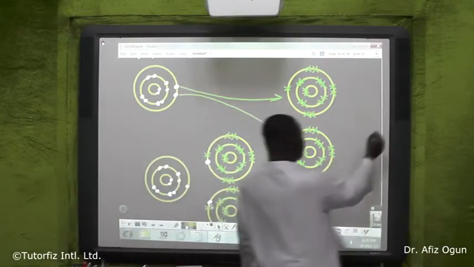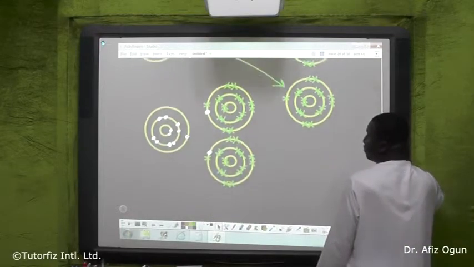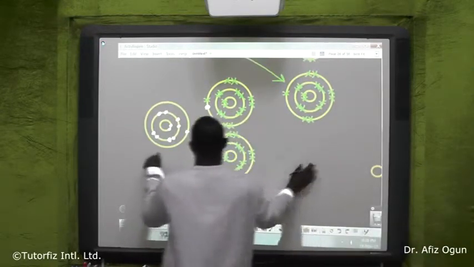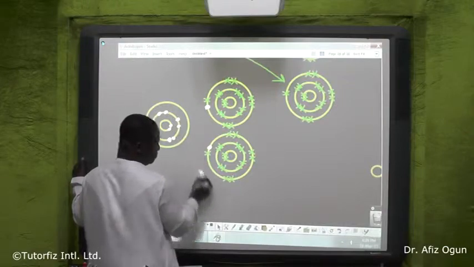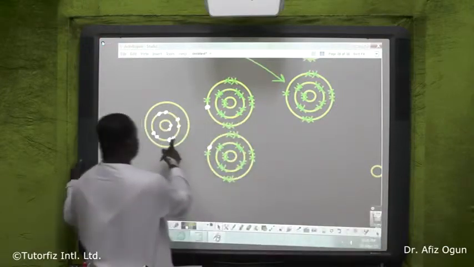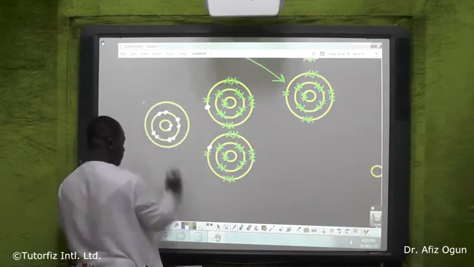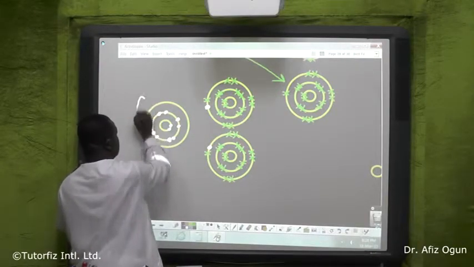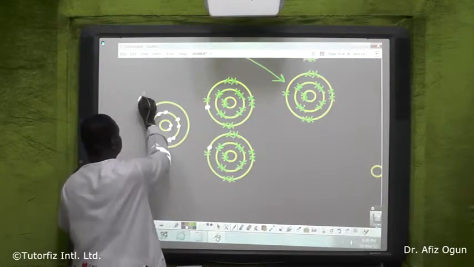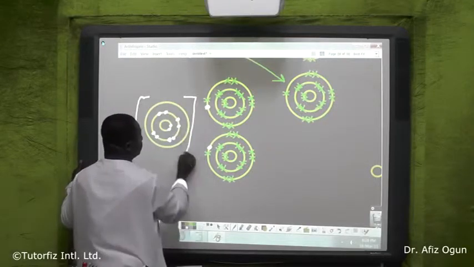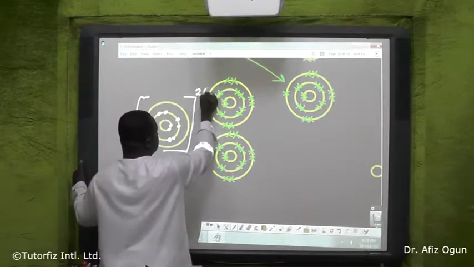Because this guy has lost 2 electrons, it has become 2 positive. You lose 1 electron, you become 1 positive. You lose 2 electrons, you become 2 positive. You lose 3 electrons, you become 3 positive.